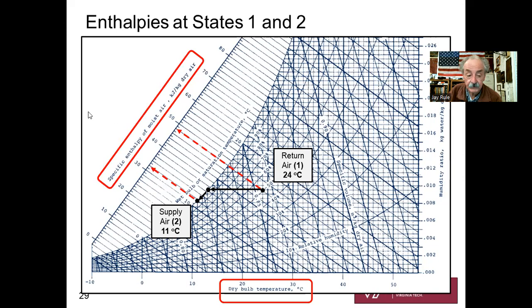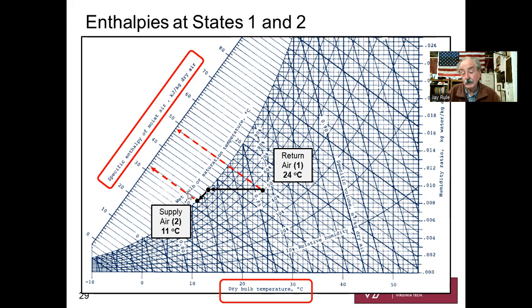Finally, looking ahead, we're going to need to apply the first law. So we will read the specific enthalpy, little h, in kilojoules per kilogram of dry air. We're going to read both of those off with these diagonal axes. And so it looks like state 1 is going to have an enthalpy of about 48, and state 2 looks like about 32, little h.